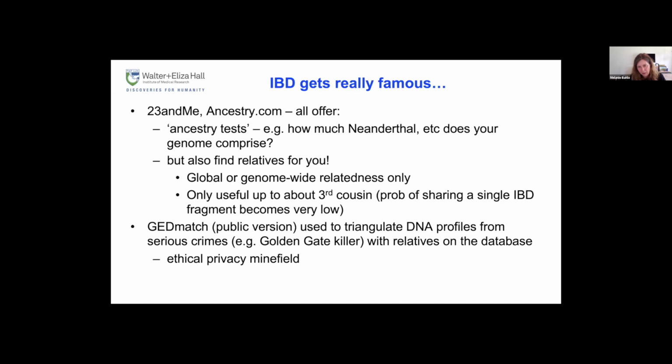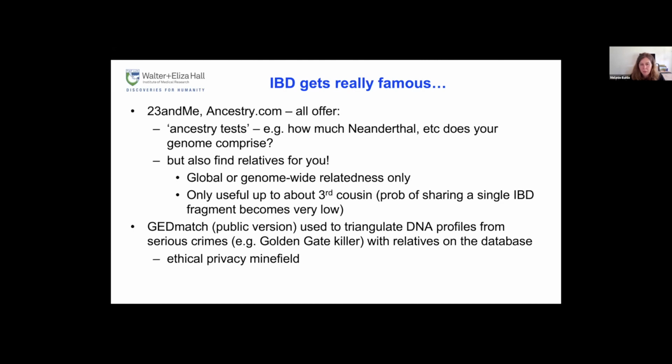Because that's in effect what you're doing, you're genetically triangulating relatives of your killer who are in these public databases, and from that you can go back and infer the identity of the killer by putting that together with your knowledge about where the crimes were perpetrated, etc.